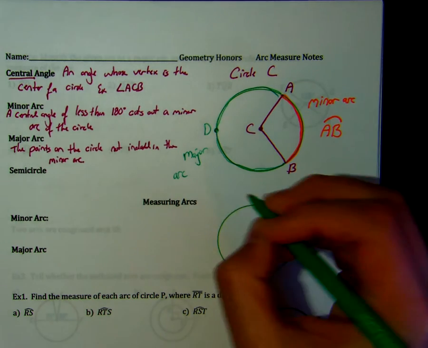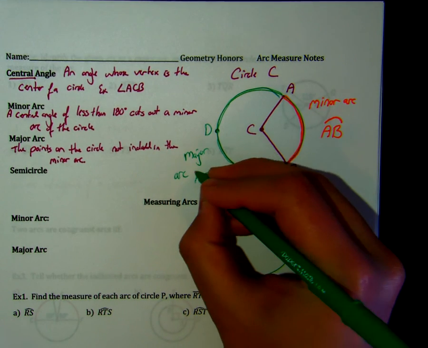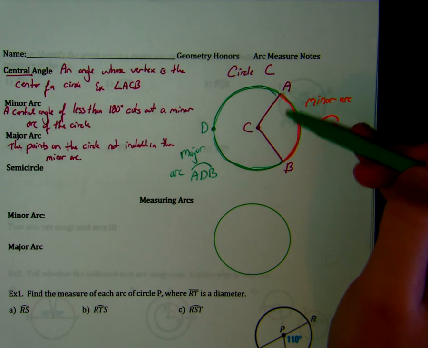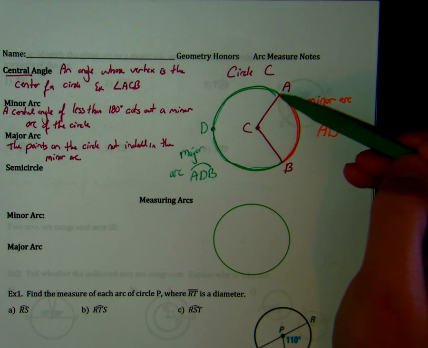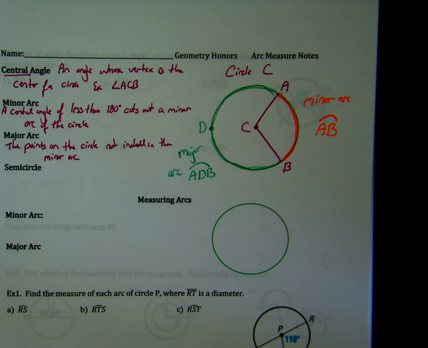I'm going to call this point D, and I'm going to call this arc ADB. A and B are still the endpoints, but it tells me I have to go through D, from A through D to B. And that is how the major arcs are going to be named.